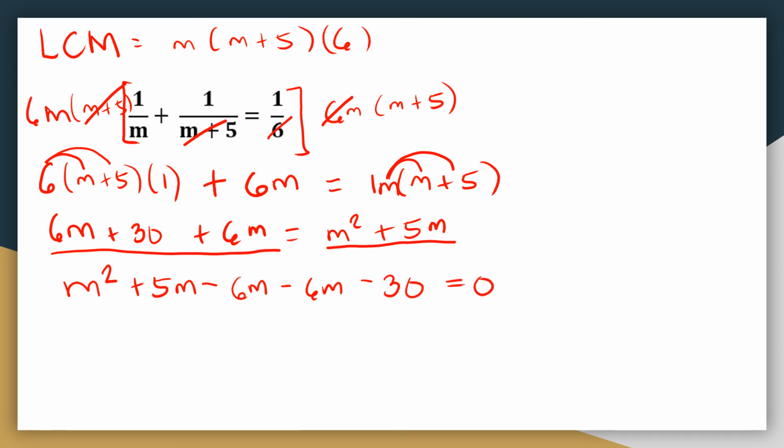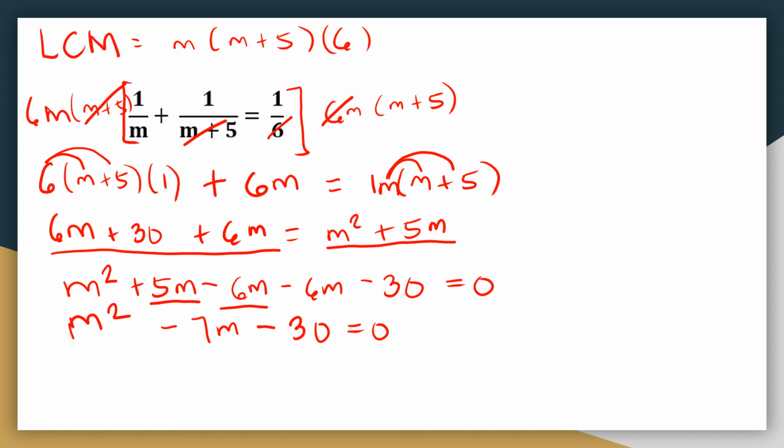Just going to combine the like terms here. So m squared, 5 minus 6 is negative 1. Negative 1 minus 6 is negative 7. m squared minus 7m minus 30 equals 0. So our given is already written in standard form.